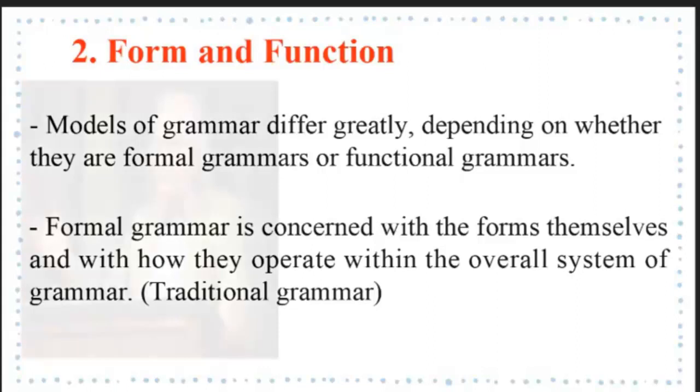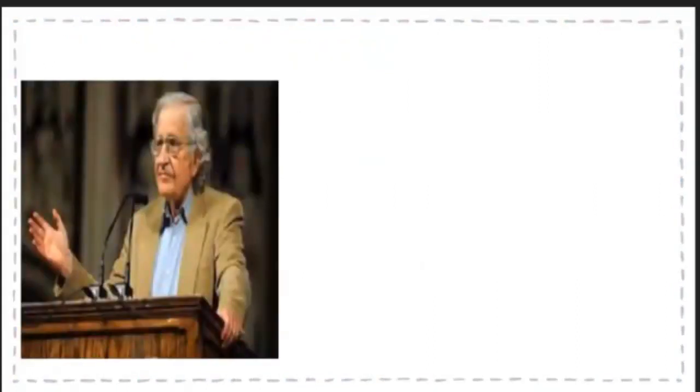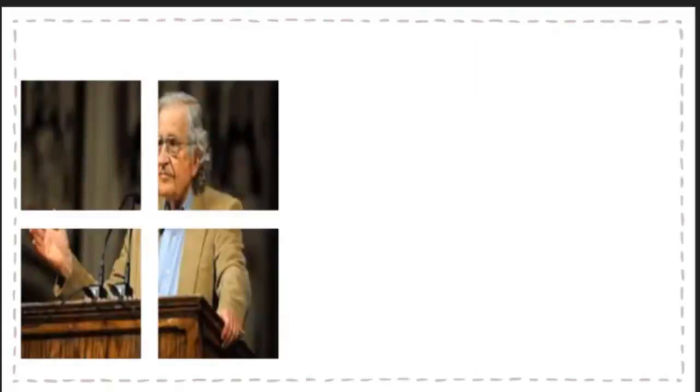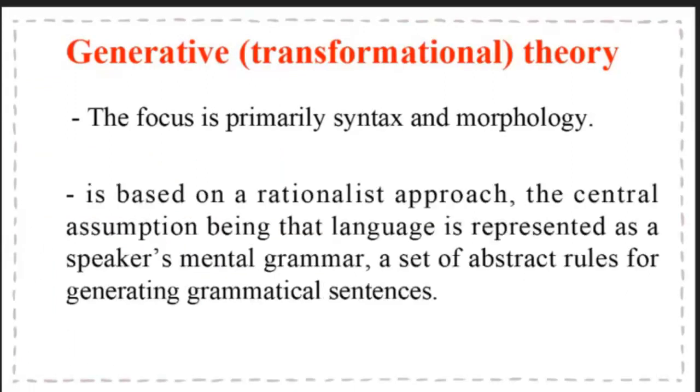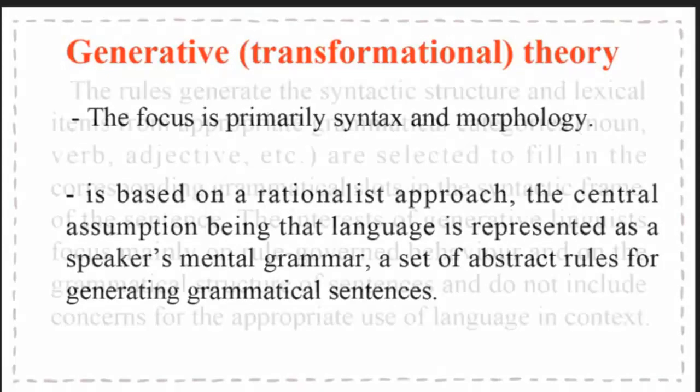There are two approaches that we will cover in today's topic. That is the generative theory by Chomsky, which focuses primarily on syntax and phonology, and is based on the rationalist approach. The central assumption is that language is represented as a speaker's mental grammar, a set of abstract rules for generating grammatical sentences.